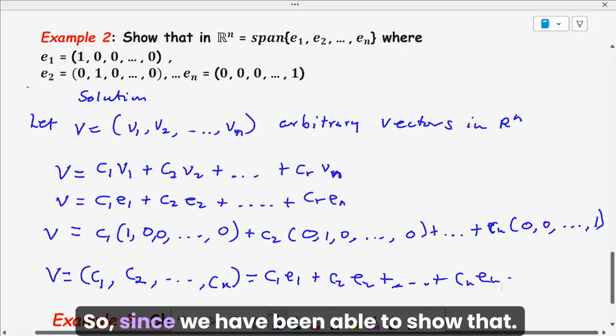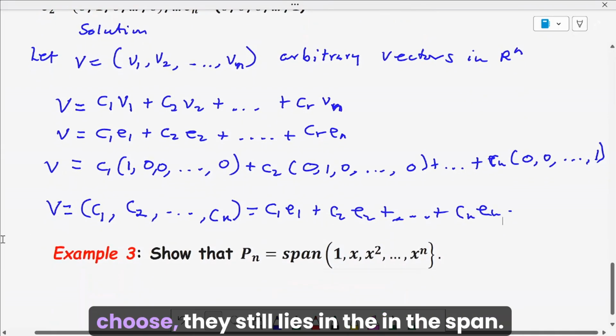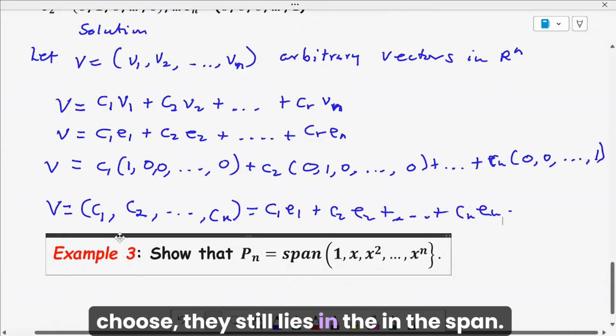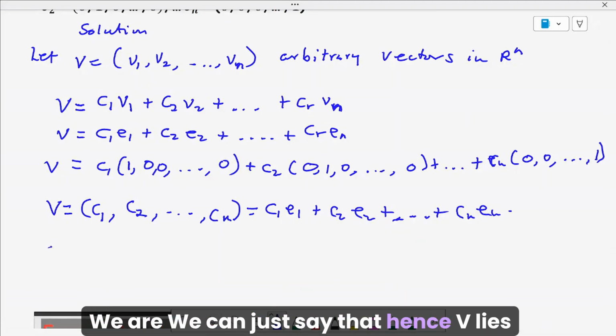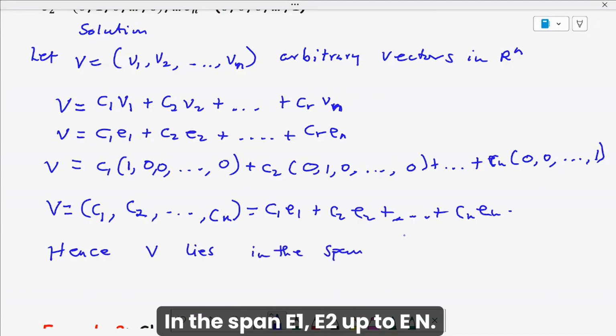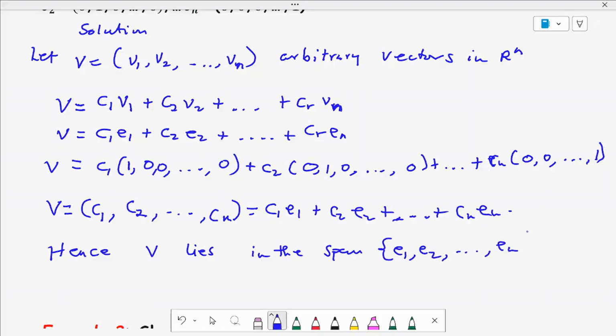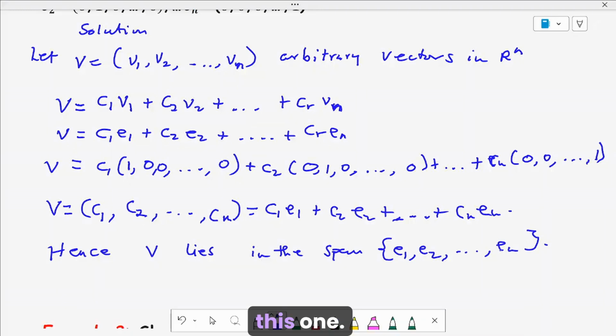Since we have been able to show that the scalars we chose still lie in the span, we can say that hence v lies in the span of e1, e2 up to en. So that is how we go about this one.